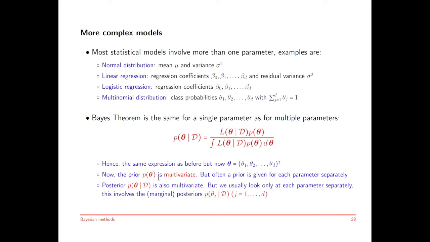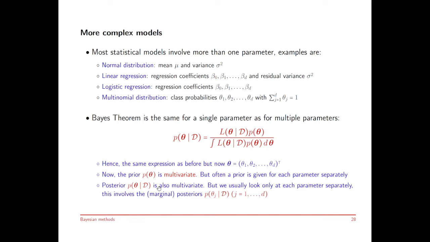But the posterior is still multivariate, and that makes our life complicated because it means that this integral has the dimension of the parameters. So if we have a 10-dimensional parameter, this is a 10-dimensional integral, which is hard to compute.